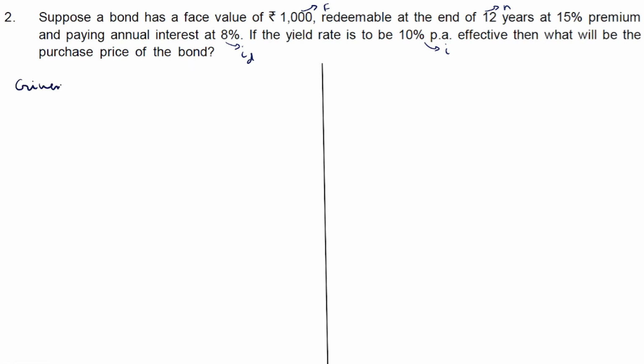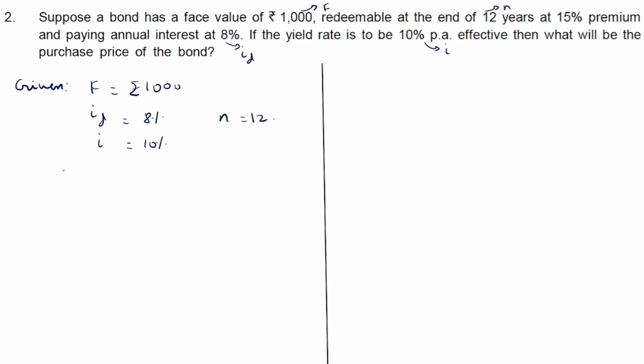So first let us write what is given. F is equal to rupees 1000. Then ID is equal to 8%. I is equal to 10%. And N is equal to 12.